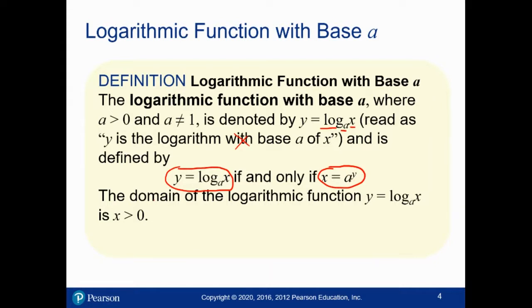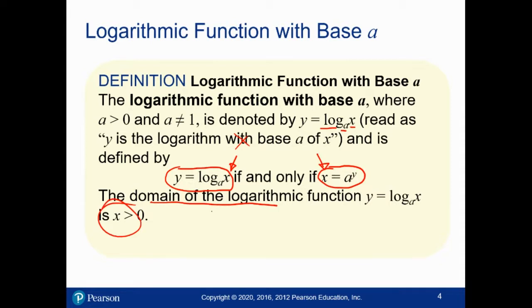So what's the domain of a log function? To put it in here, I must have gotten it out here. A to the y would have to equal x. But what's the range of an exponential function? Positive numbers.